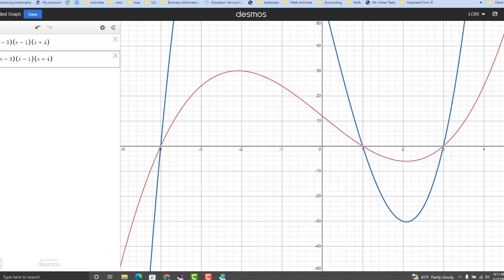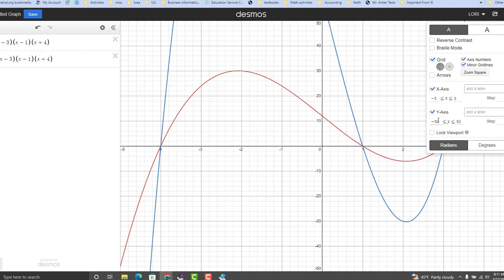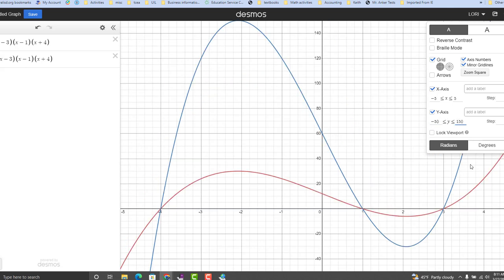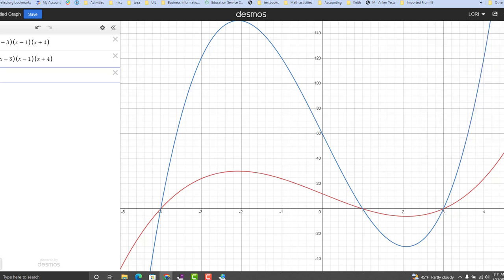So it stretched it up and down, right? We basically pulled it apart vertically. That's what that constant did. So let's see if that holds true when we do Chili's.